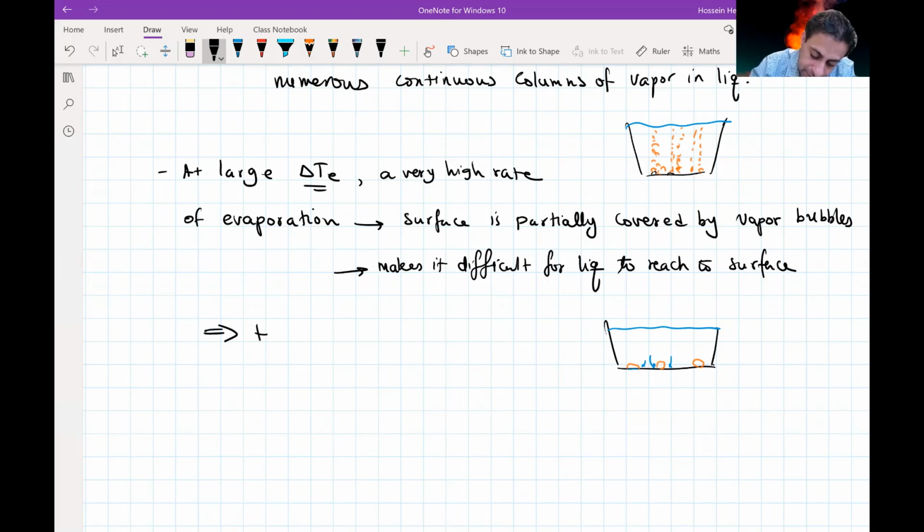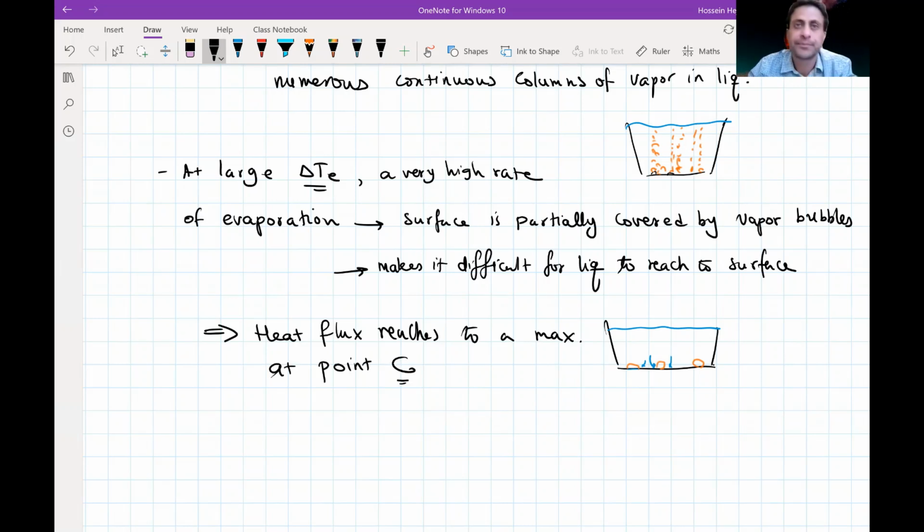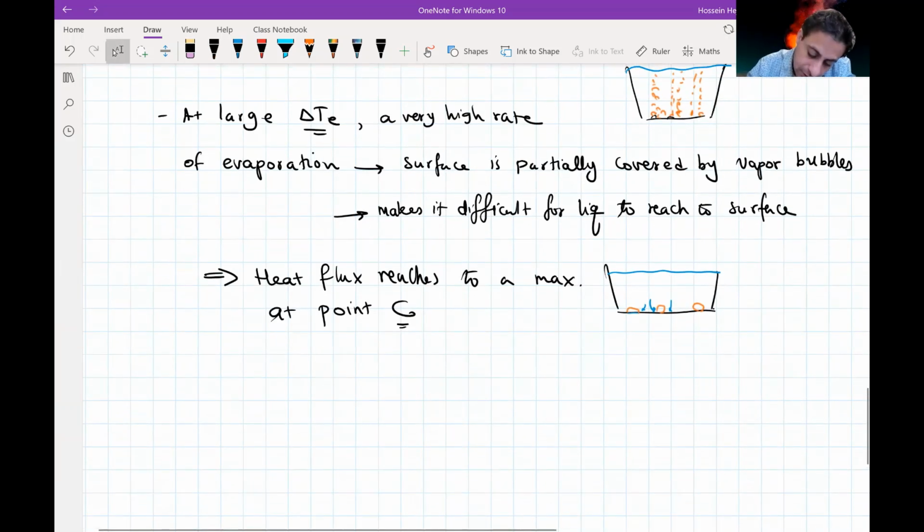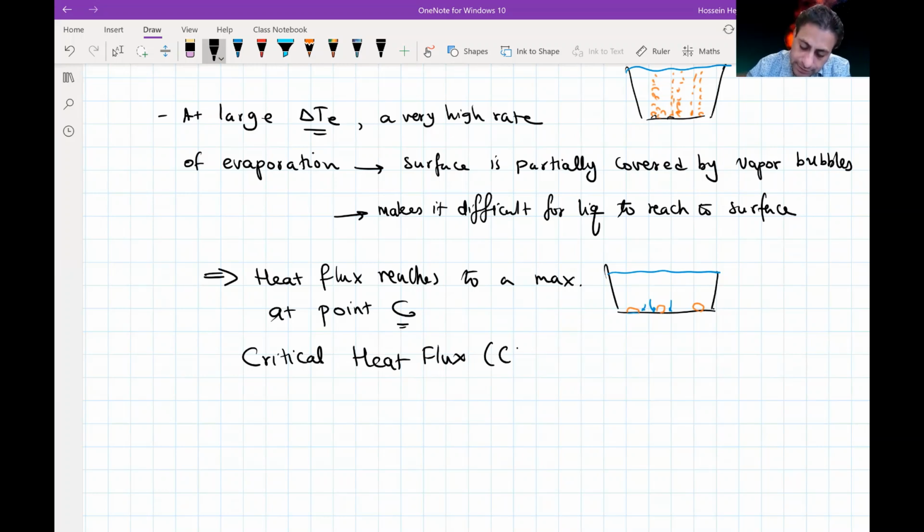As a result, the heat flux reaches a maximum at point C, and that's what we call the critical heat flux in the boiling process, or CHF, q double prime max.